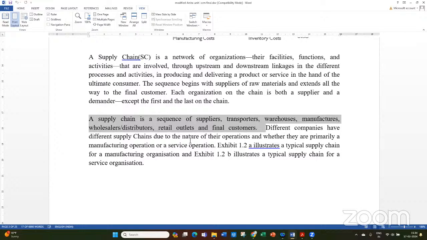Trading companies and financial companies only handle the transaction process and then finally customers. There is no facility, so in that case it is not a manufacturing supply chain. Manufacturing supply chains will have all suppliers and manufacturing, and others have only the distribution point of view.